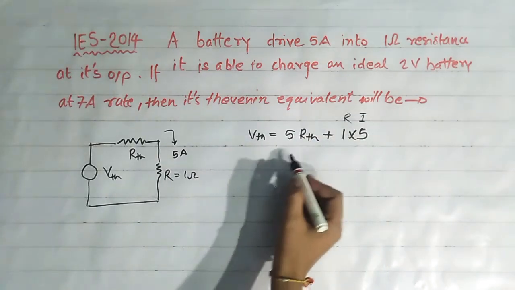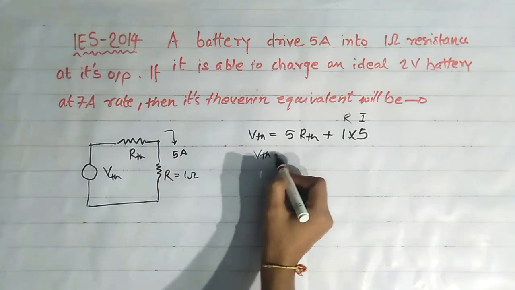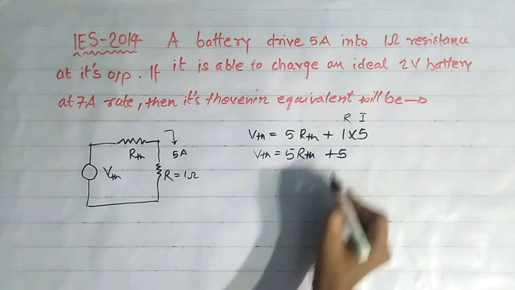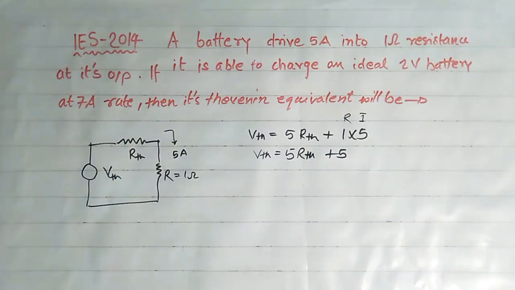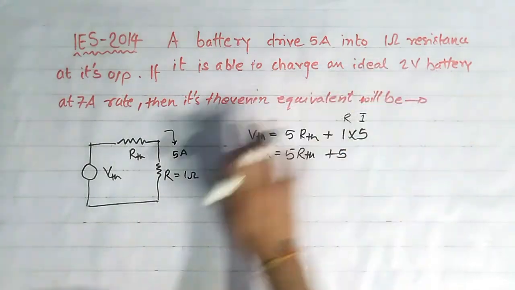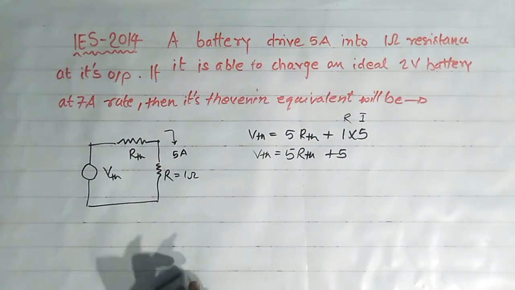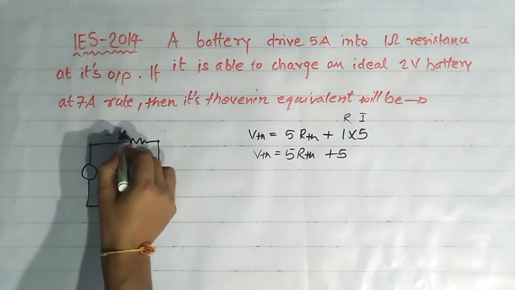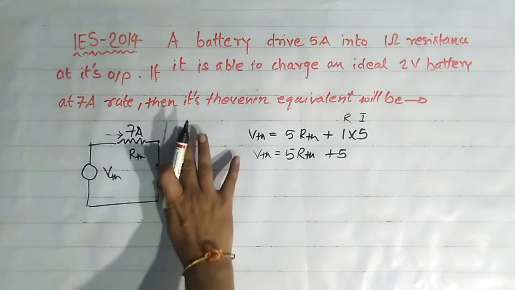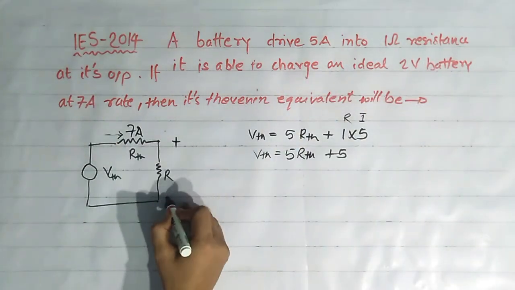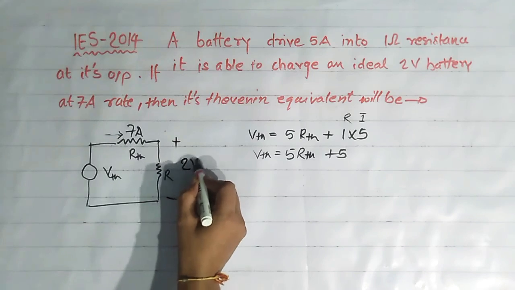So from this we get VTH is equal to 5 RTH plus 5. Now take the second case. If it is able to charge an ideal 2 volt battery at 7 ampere rate, it means current here is 7 ampere and the voltage across the battery is 2 volt.